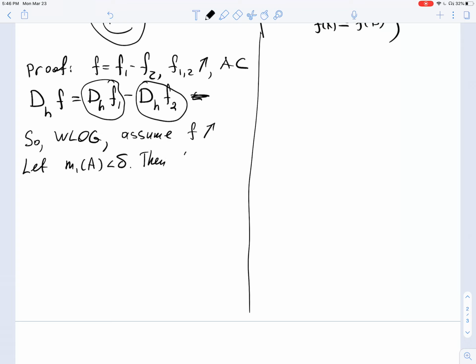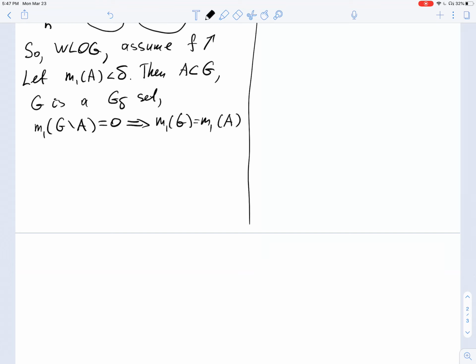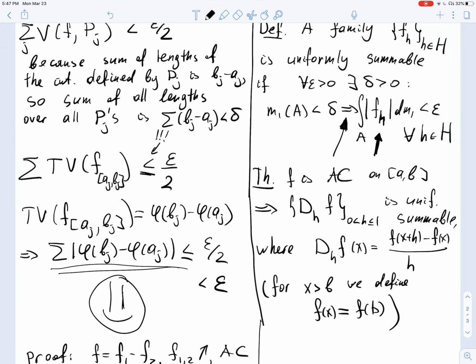Then we can approximate A by a G delta set G with measure of G minus A equal to 0, but because measure of A is finite, it just means that measure of G is equal to measure of A. And also, because we know that the integral of something over a set of measure 0 is 0, we have the integral over A of anything is equal to the integral over G. So in the definition of uniform summability, in this definition, we can only consider A to be a G delta set.